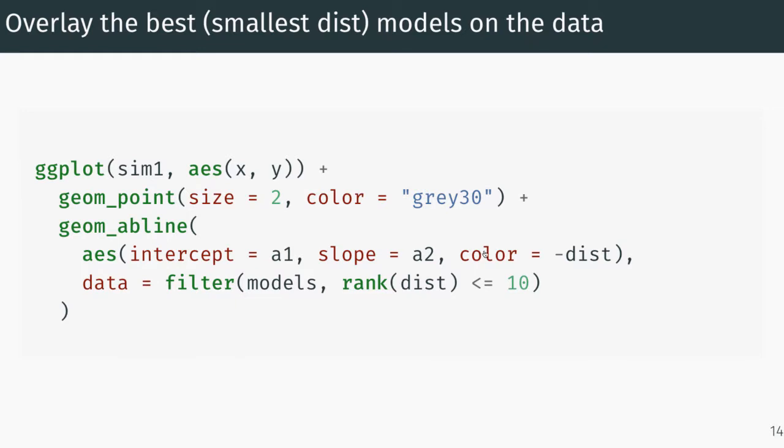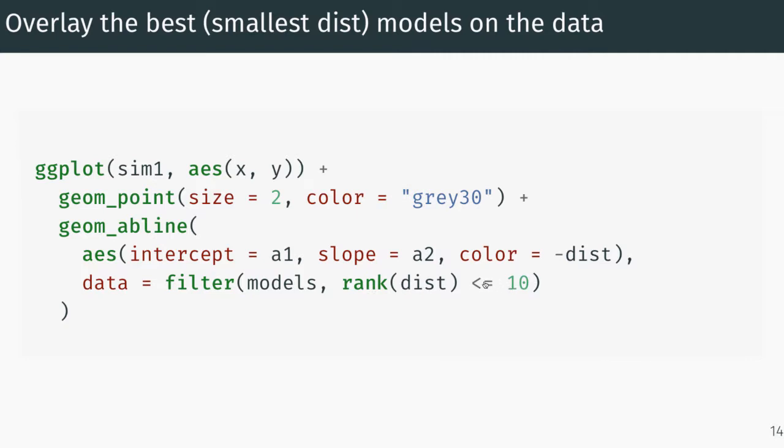We're going to color them according to their score, which is the score in DIST. And the data we're filtering from the models is to rank the DIST and give us only the top 10. So rank 1 is the best one. That will be the one with the smallest DIST number.